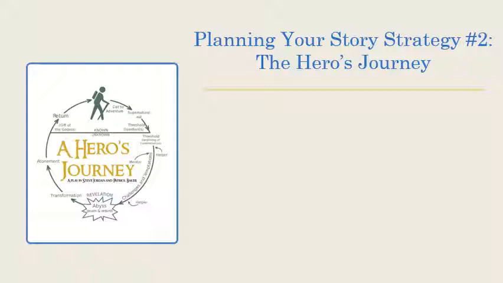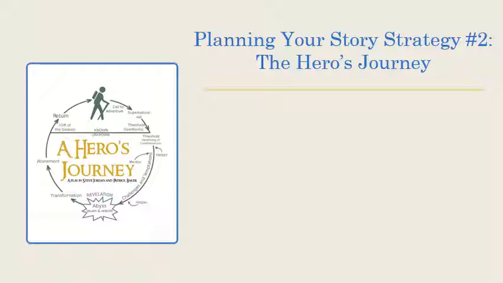So if you're not into thinking of your story as different parts, but you'd rather just think of your story as what is going to happen to this character and what's going on in this character's head, then you can think of all main characters as the hero of the story, and all main characters go on this basic arc.